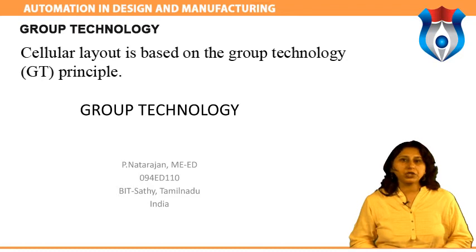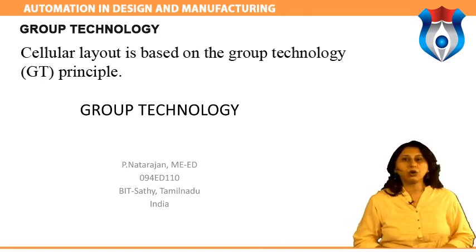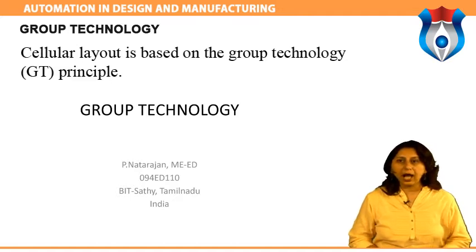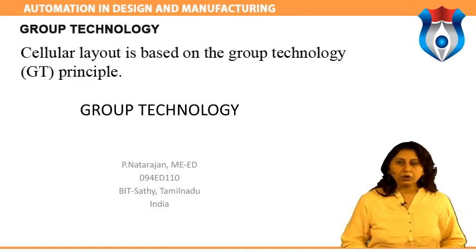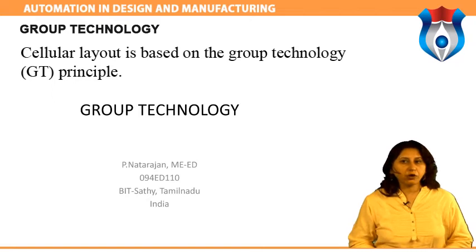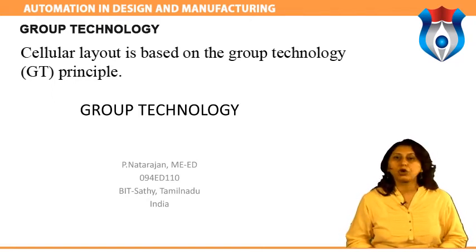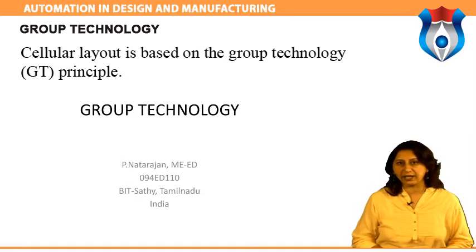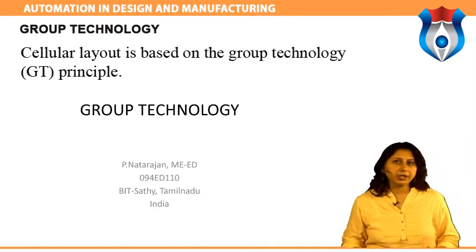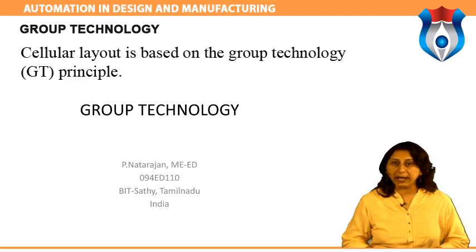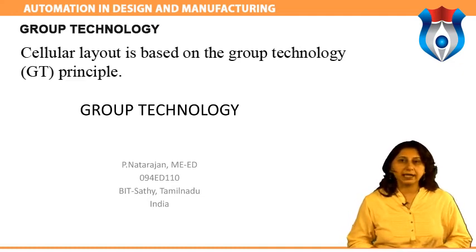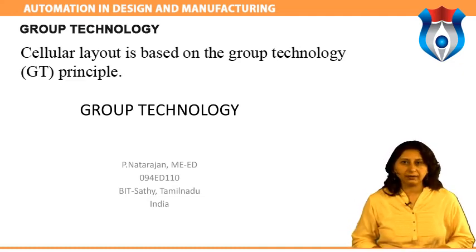The group technology principle suggests that parts which are similar in design or manufacturing operations are grouped into one family called a part family. For each part family, a dedicated cluster of machines called a machine cell is identified. Generally, all the processing requirements of a particular part family are completed in its corresponding machine cell.